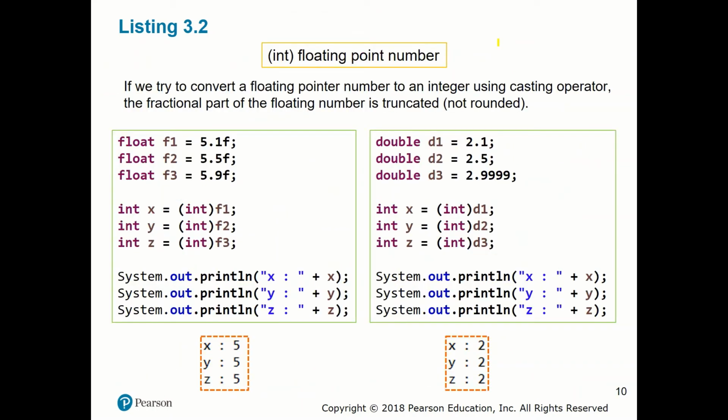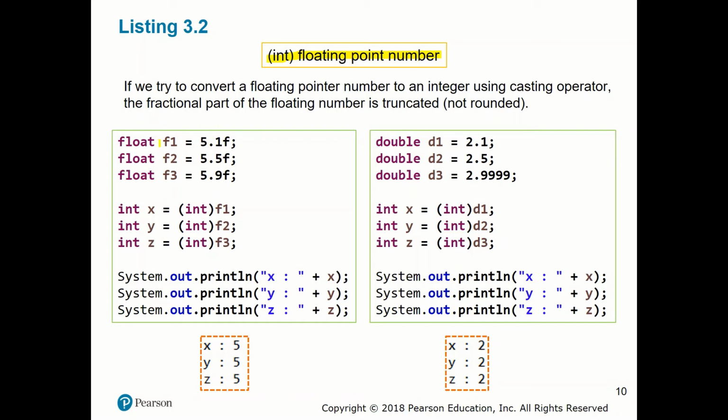If we try to convert a floating point number to an integer using a casting operator like this, then the fractional part of the floating point number is truncated. This example shows that.